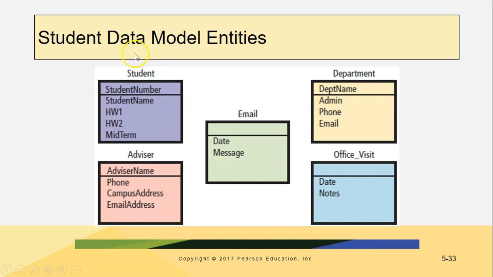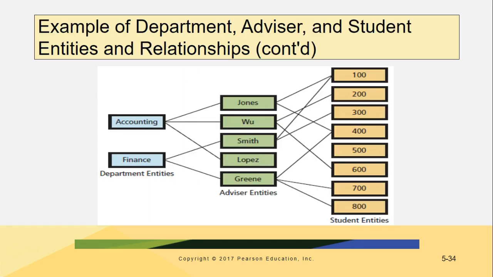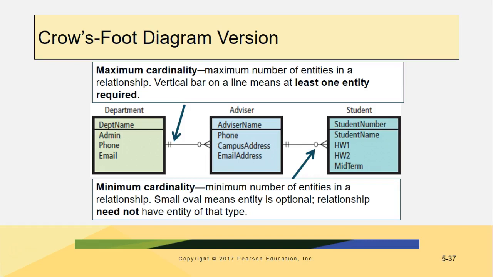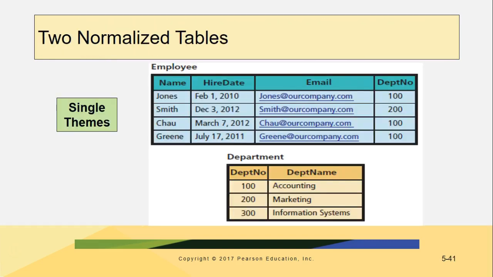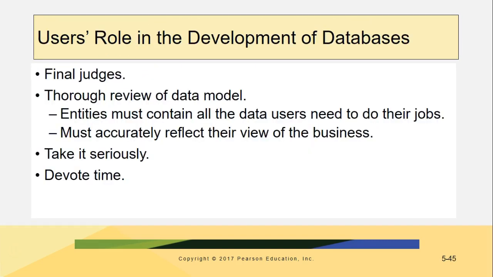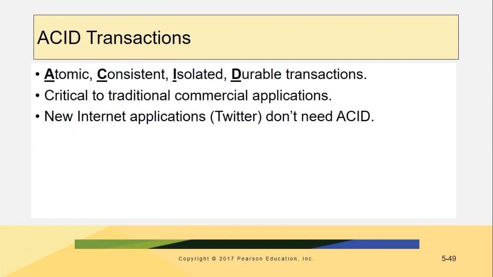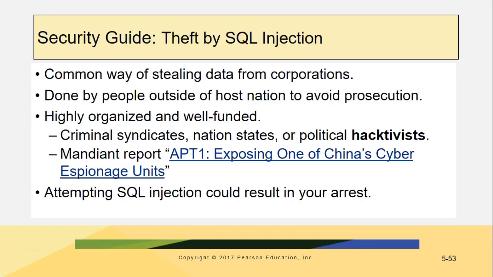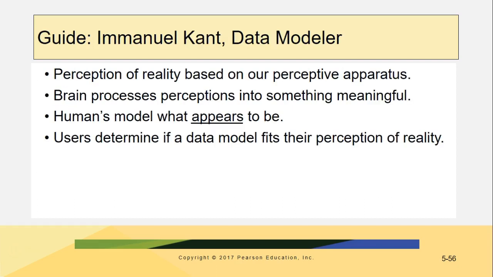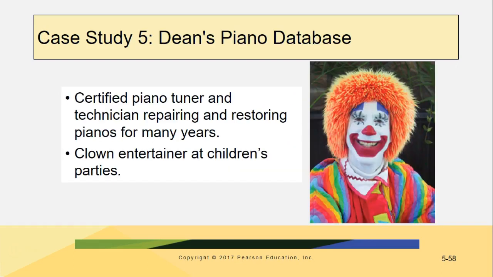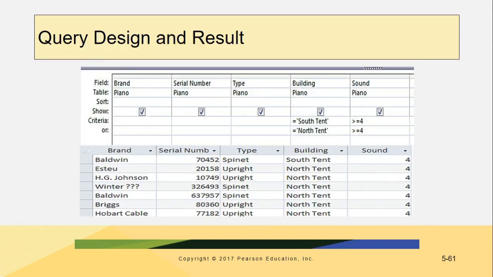We saw a little bit of this, student data model entities, when we were in Access, how we relate things together. I'm not going to go into the detail of those kinds of things, because I think that is covered for people that want more of that in a database management class. I'm also not going to do the case studies.